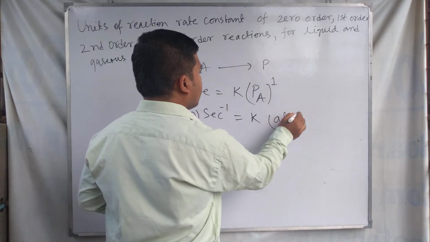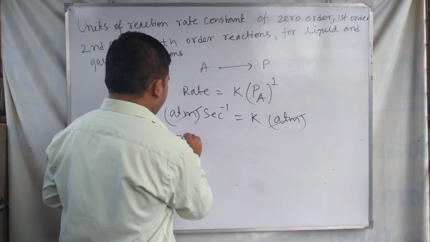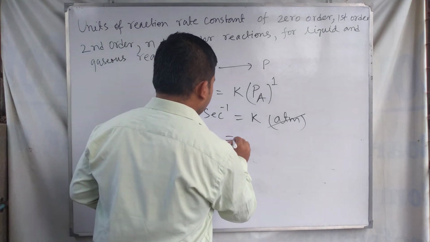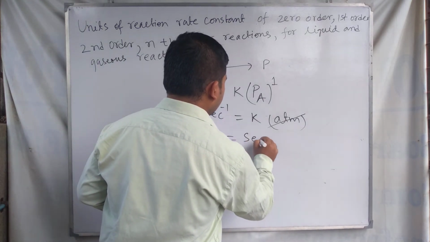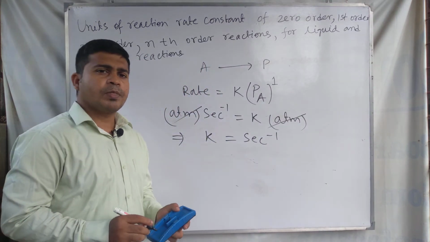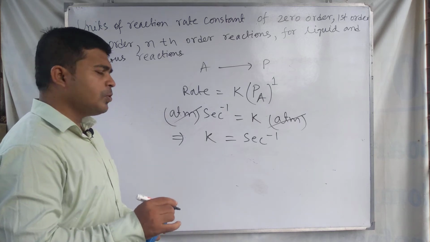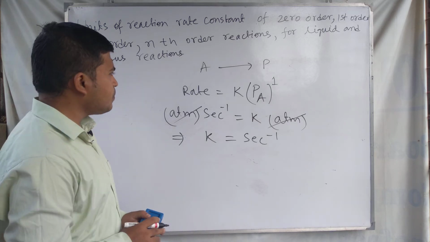From both sides of the equation, atm cancels out and the unit of k becomes second inverse again. This is for the first order reaction rate constant. The unit is second inverse.